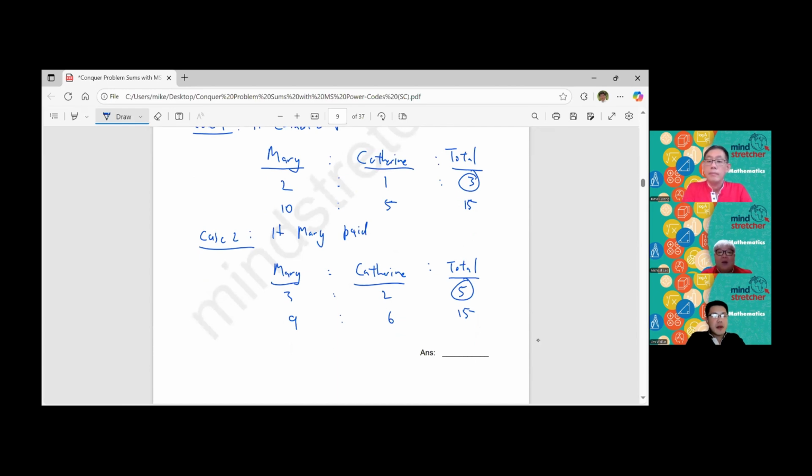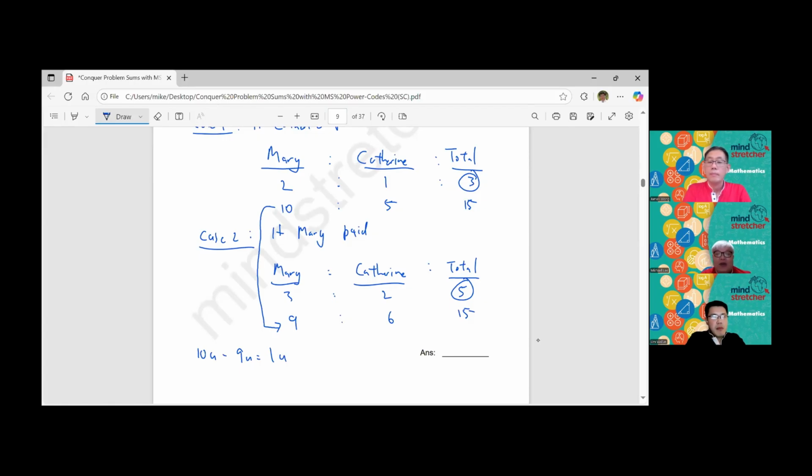Okay. So now if you look here, if let's say Mary paid, that means the number of units for Mary, her reduction is from 10 units to 9 units. That means 10 units minus 9 units, which will be 1 unit.